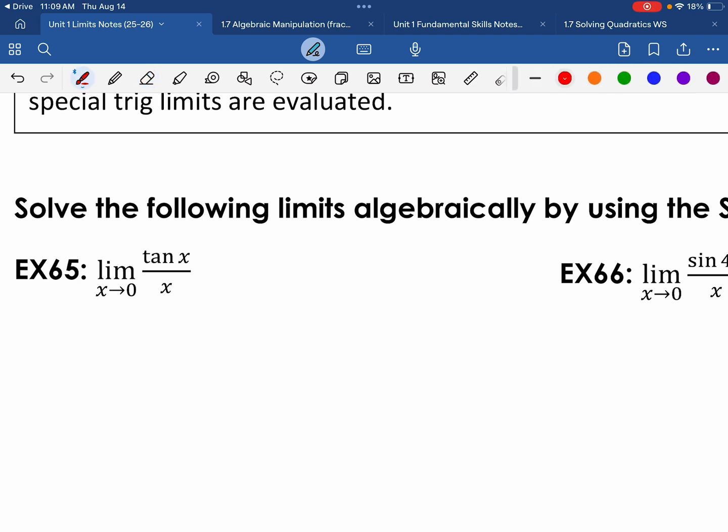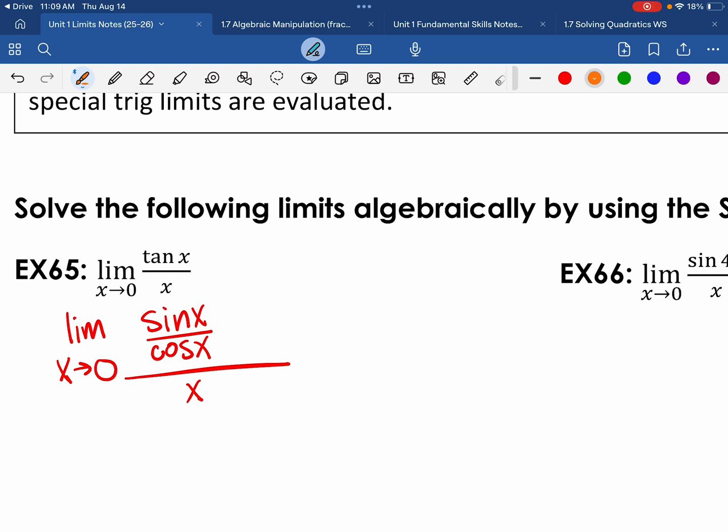All right, so back from pre-cal, what's a way that I can rewrite tangent? Good, sine over cosine. So I'm going to rewrite this, the limit as x approaches 0 of sine x over cosine x, and then it's still all over x.